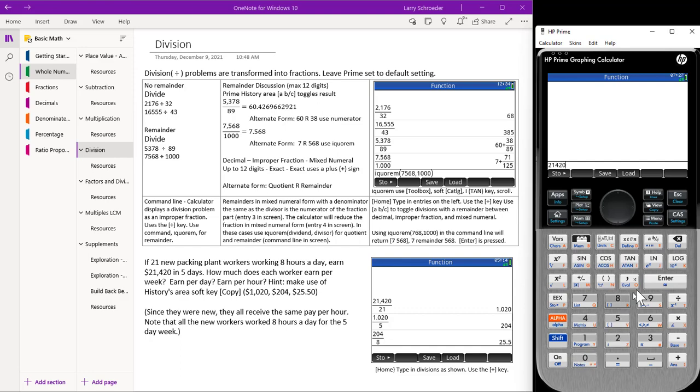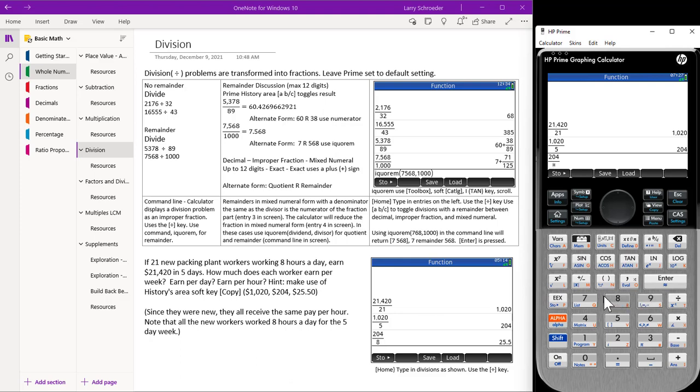21,420 divided by 21, enter. 1020, copy. Divide by 5, enter. 204, copy.